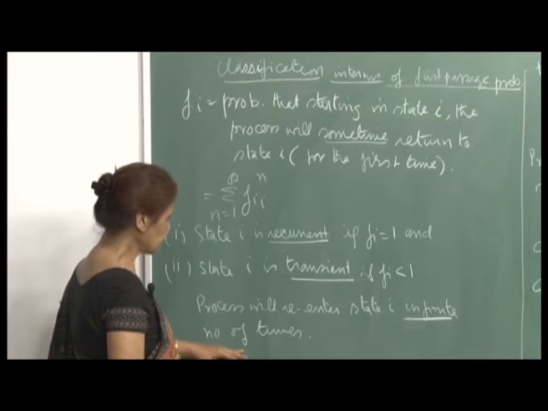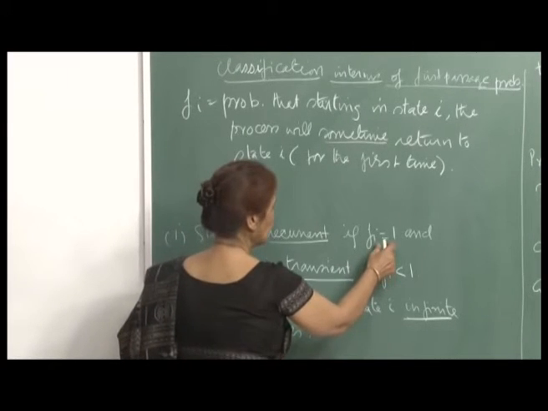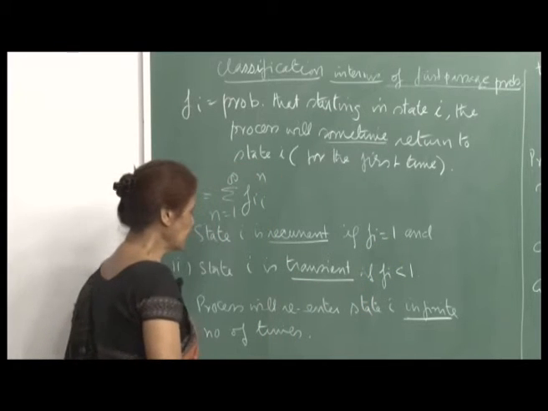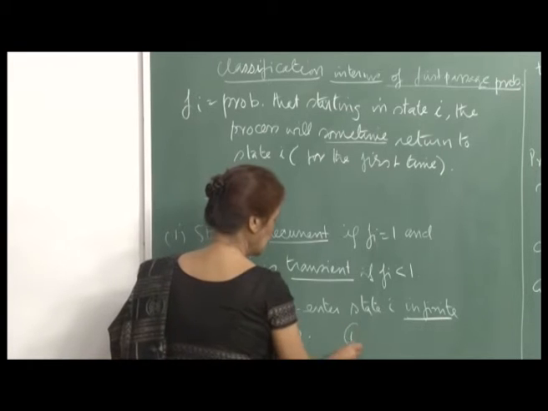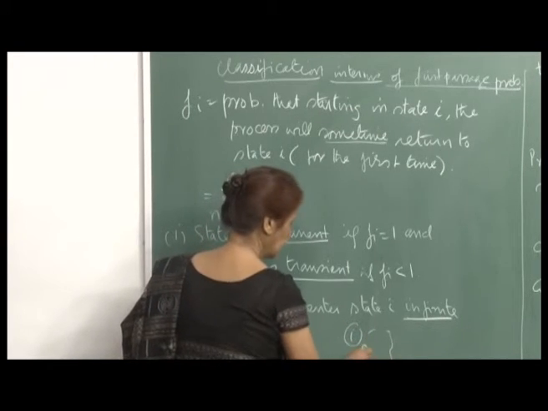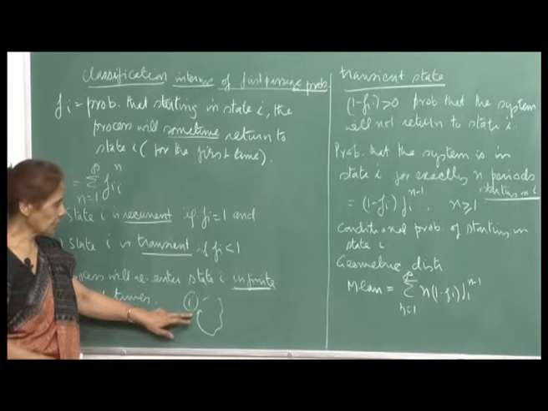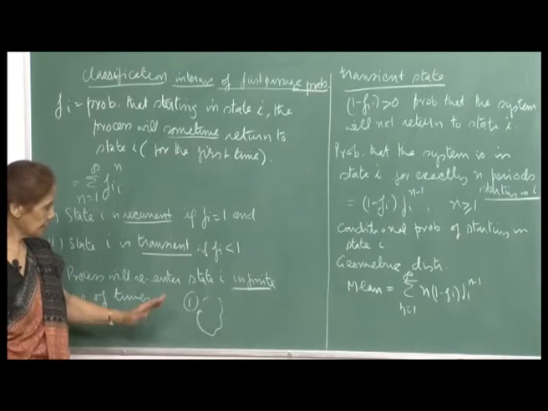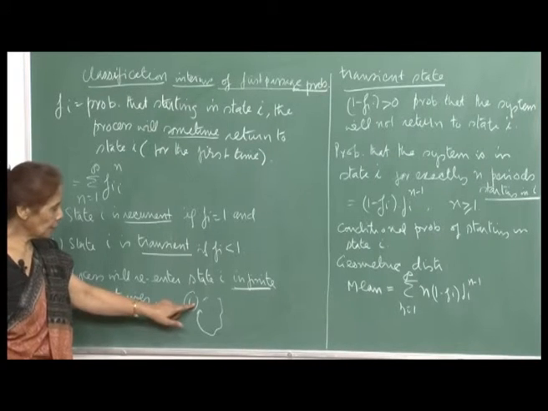Now you can interpret this as saying that if f_i is 1, the system will return. Starting from i, it will return to itself after some time, and because it is a Markov process, memoryless, the past history is not to be considered, so the whole process starts fresh.